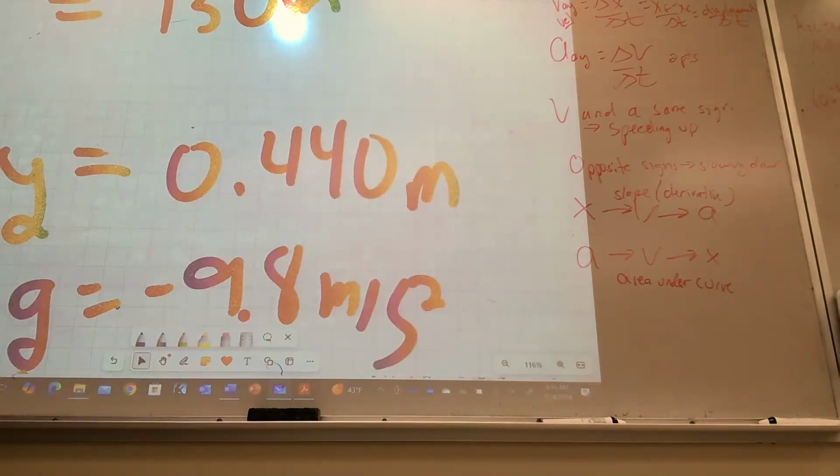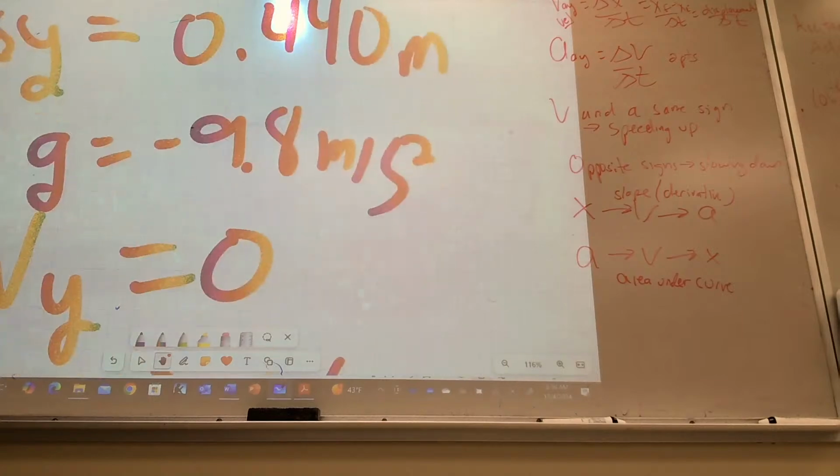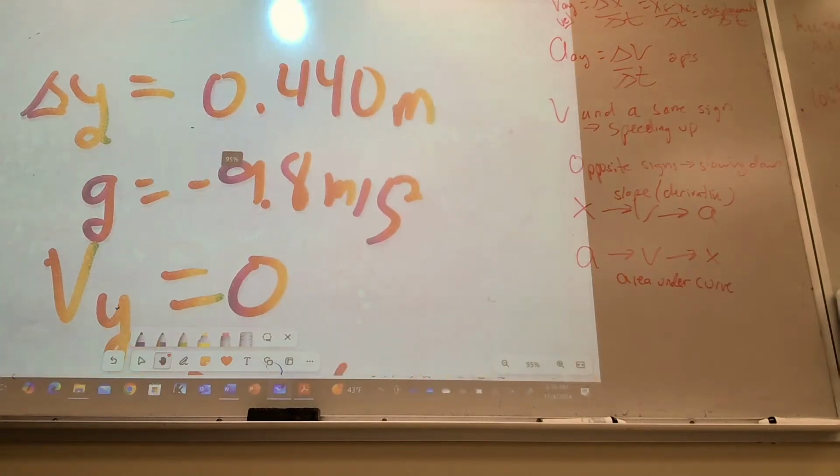What do you know besides your delta y and your acceleration? One more thing you know. What's the v final? 0. Anytime you go to the high point, your v final is 0. So you know that too.